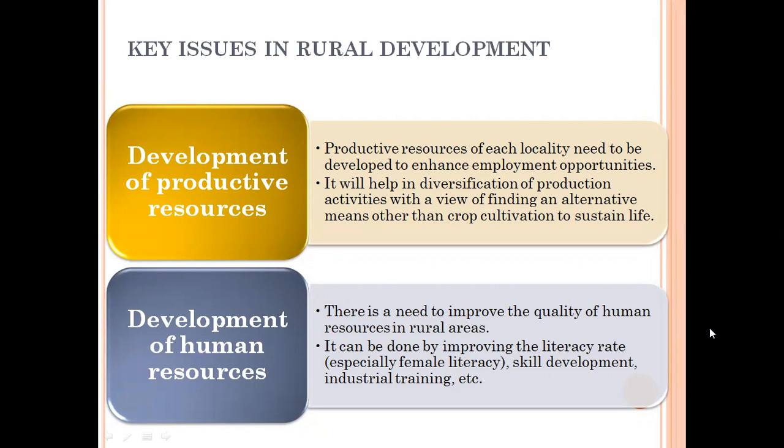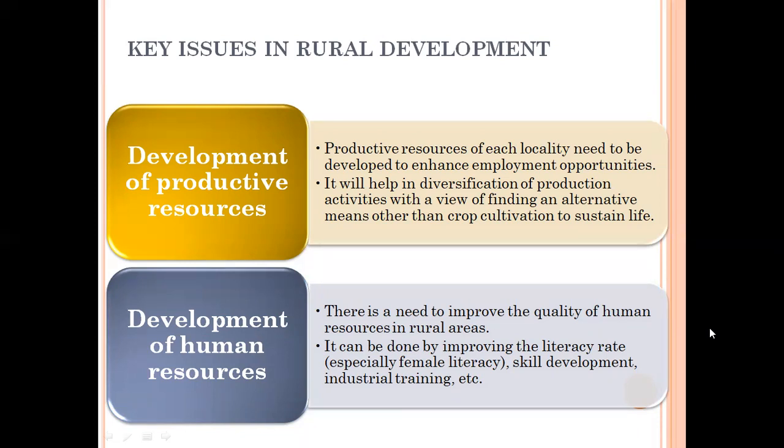In each locality, productive resources need to be developed to enhance employment opportunities, and it will help in diversification of production activities with a view to finding alternative means other than crop cultivation to sustain life. Till now, rural India is too dependent on agriculture, so we need to provide them other opportunities also.